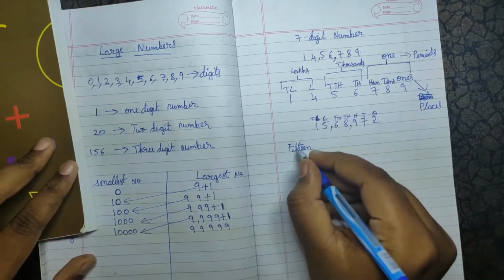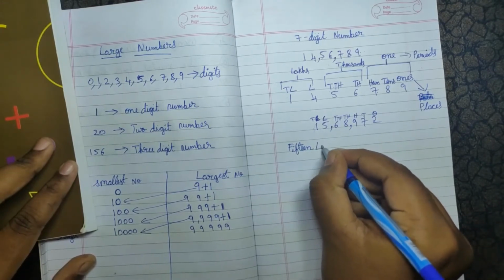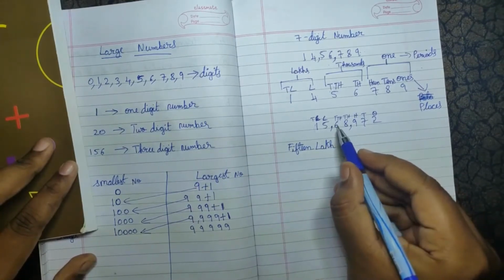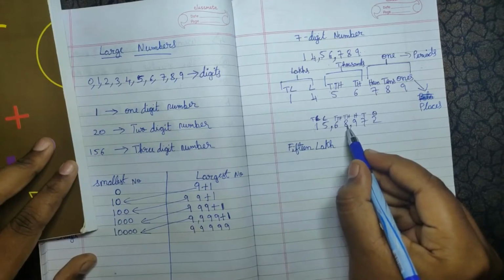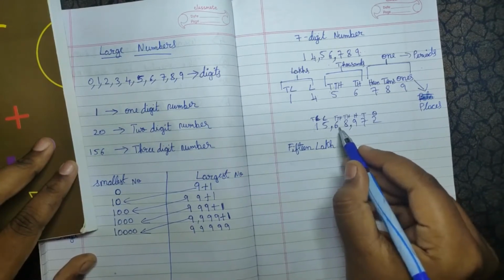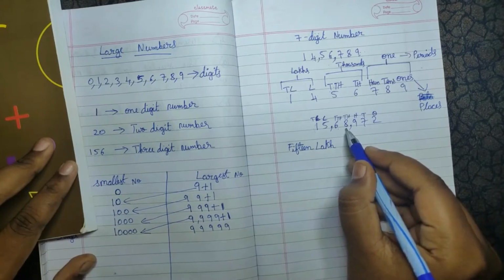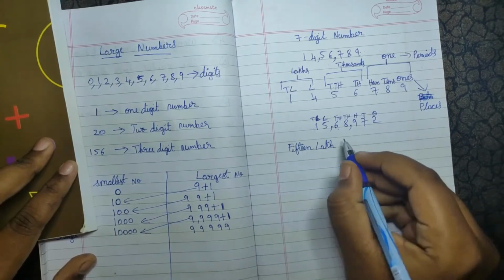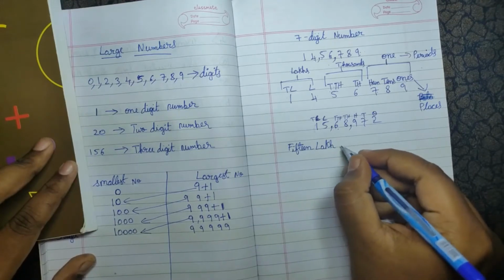Lakhs period. So I will write 15 lakh. Okay. Next numbers are 6 and 8. These two are in one period. 6 and 8 means what? 68. So I have written 15 lakhs, and next to 15 lakhs I will write 68.